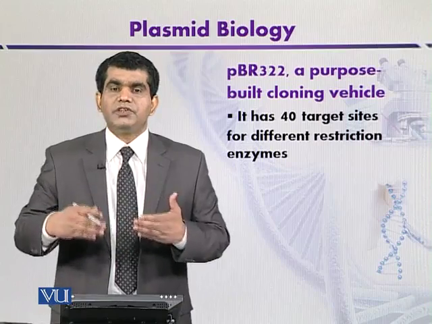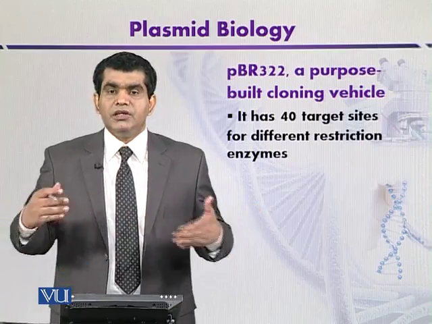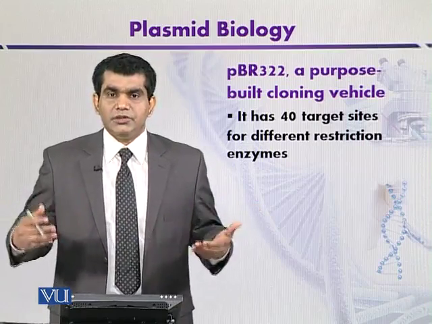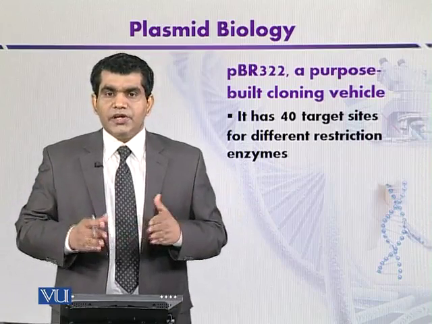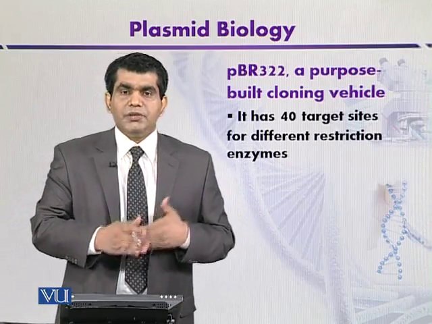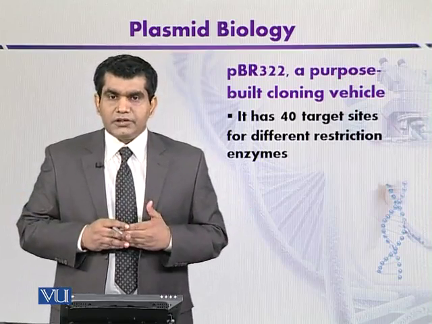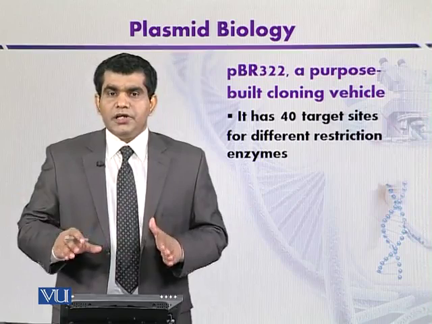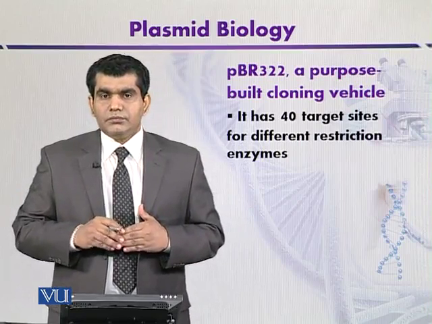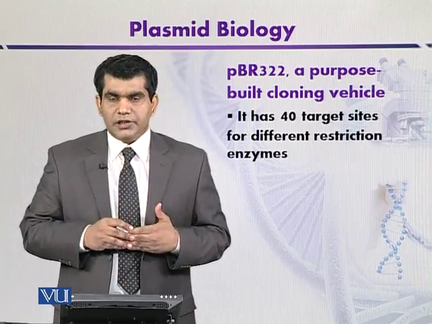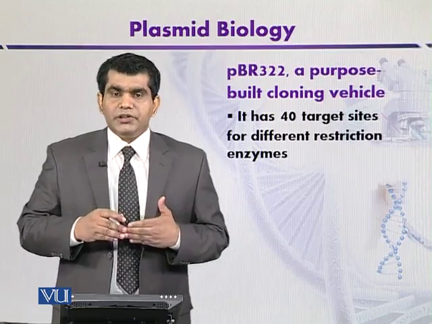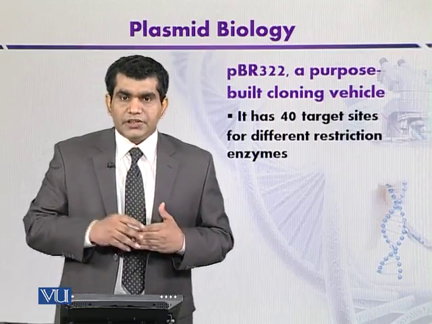So the cell will become sensitive to tetracycline, which will act as a selectable marker, whereas the ampicillin resistance will also be used as a selectable marker. So this plasmid pBR322 contains more selectable markers as compared to the natural plasmids.